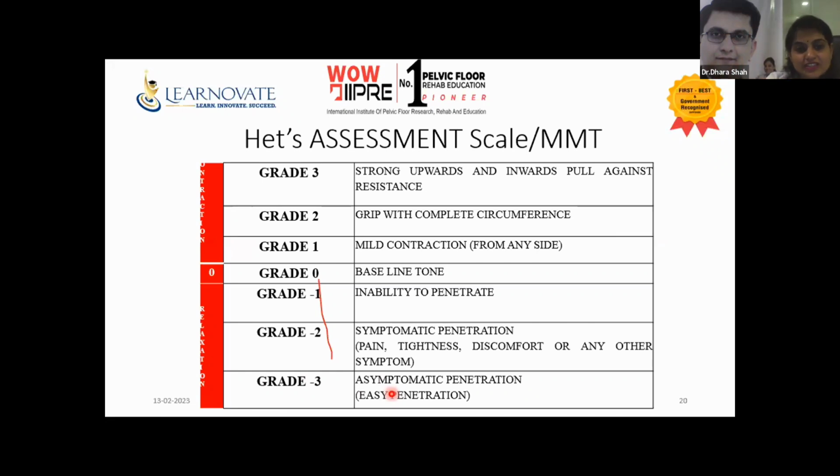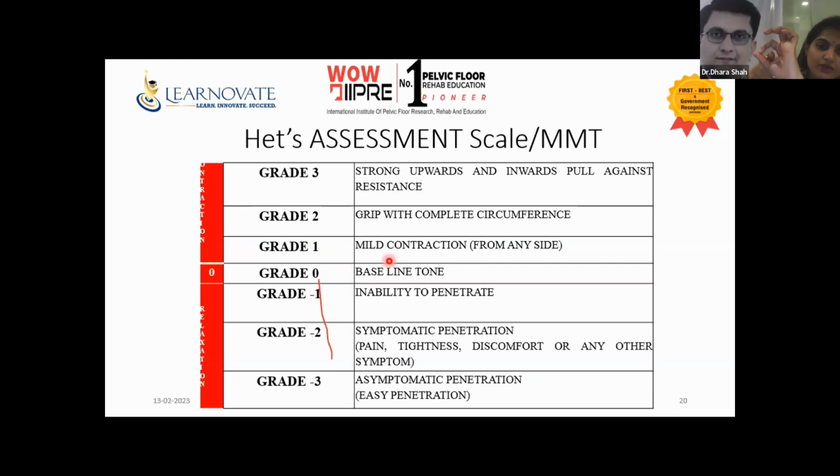Okay. Next are the grades for contraction. Grade 1 is mild contraction from either side. A grip with complete circumference is grade 2. And a strong upwards and inwards pull against resistance is grade 3.